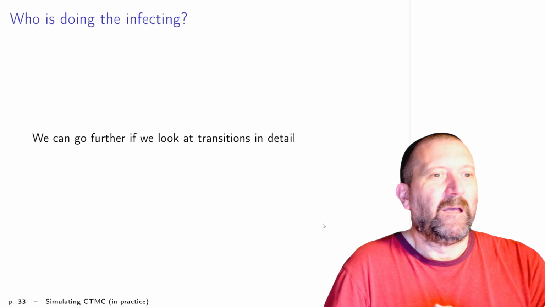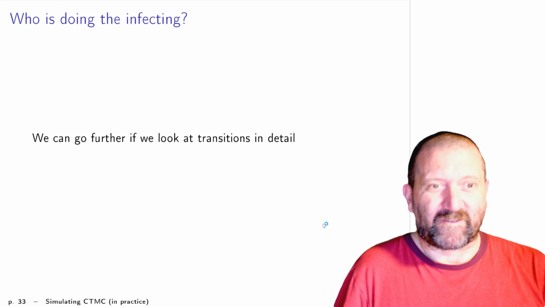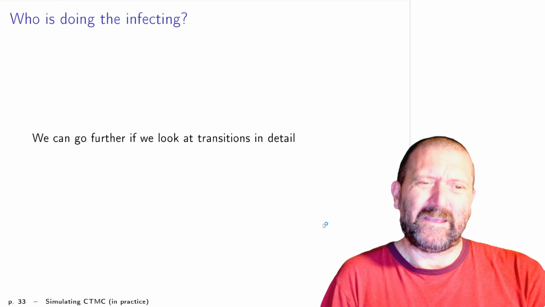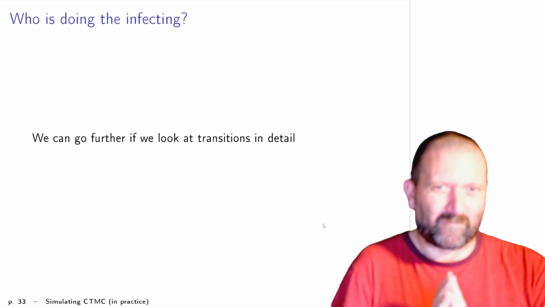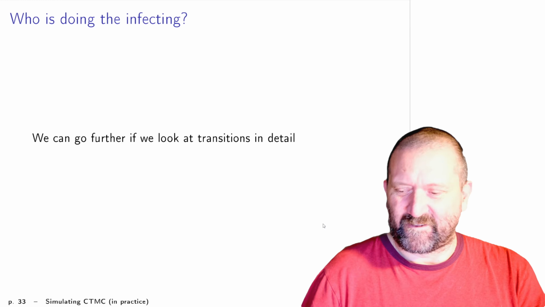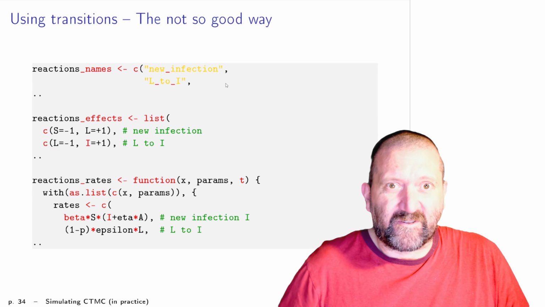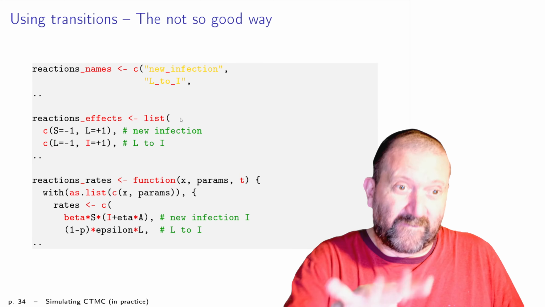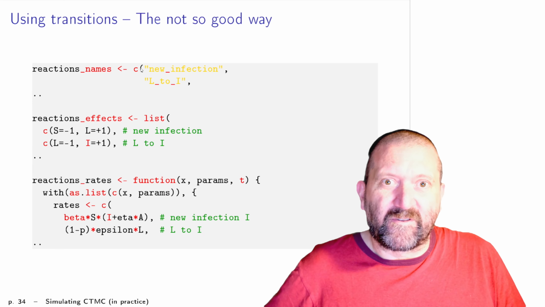But now, what is really useful with Markov chains here, you can do it with an ODE, but it is really clunky, whereas this makes complete sense. What can we say if we look at transitions? If I'm looking at transitions, I can write my code. This code is in the slides.